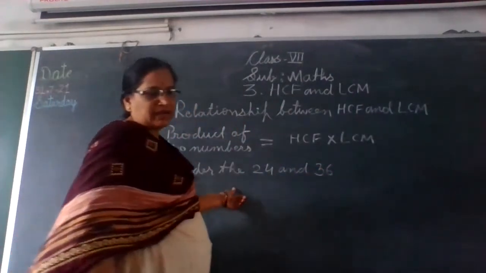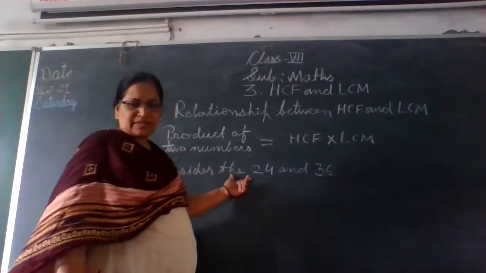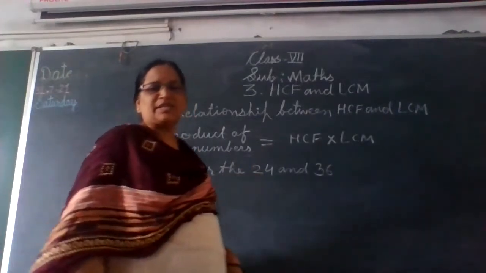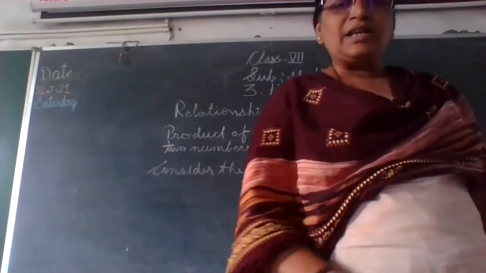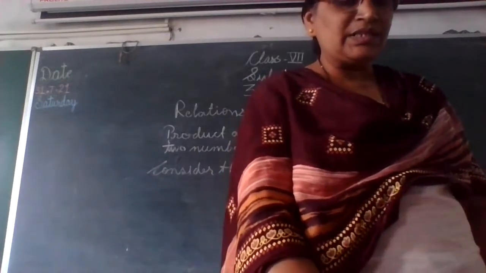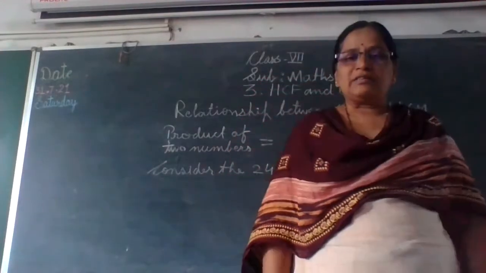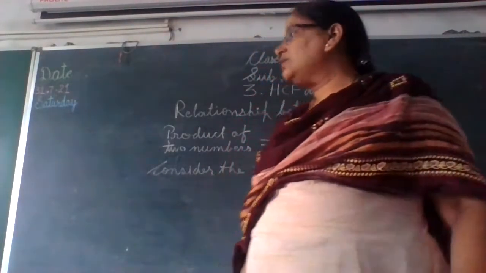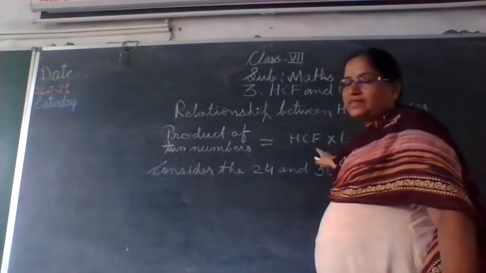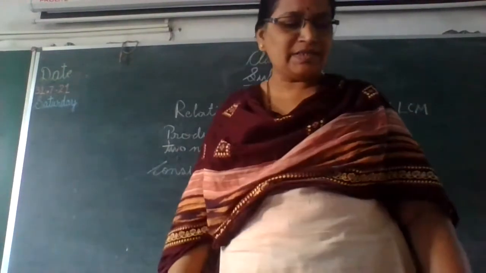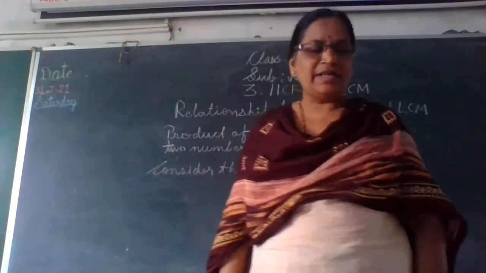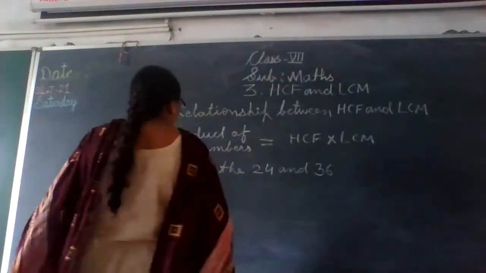So first we will find the HCF of 24 and 36, then we will find the LCM. And if we multiply, then we will see that the product of the numbers is equal to the product of their HCF and their LCM. Okay, now let's find HCF.